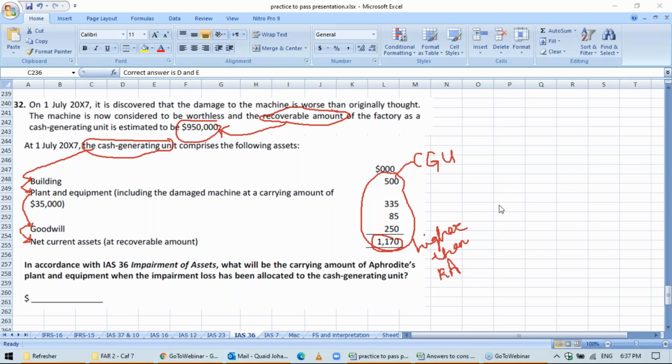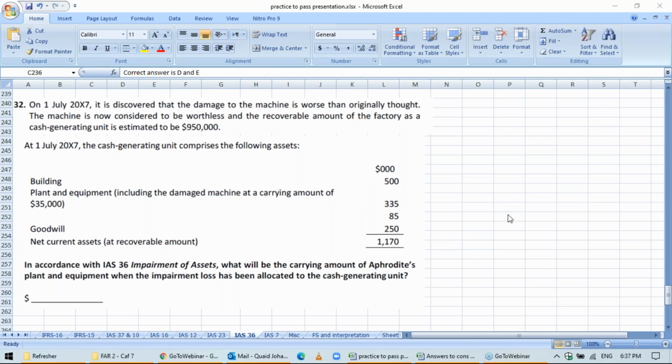So this amount, which I'll be marking in blue in a short while, is 950,000. This is the recoverable amount, right? And the carrying value is more than this amount. So the impairment loss has taken place. So what is the impairment loss? It is 220,000, first of all, right?